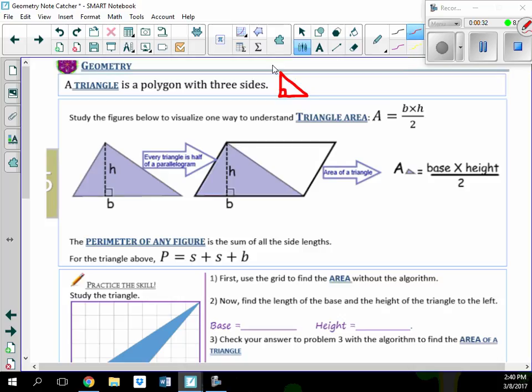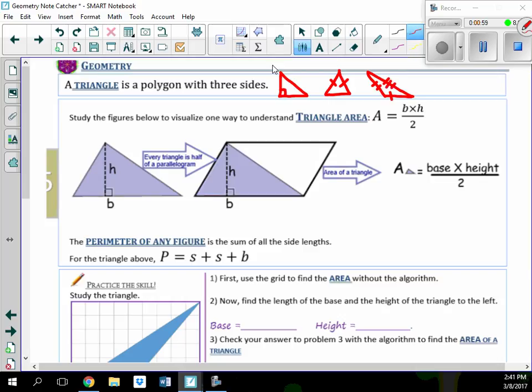We found a formula for an isosceles triangle, and that was a triangle where two of the sides were the same length. And we left off yesterday talking about a scalene triangle. And that's a triangle that has sides that are 3 different lengths. And so that's what we're going to pick up today.